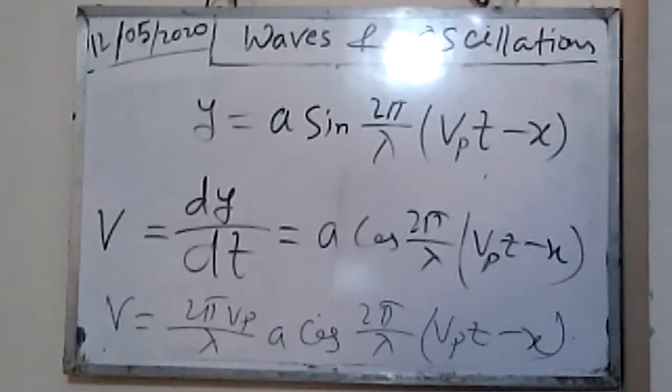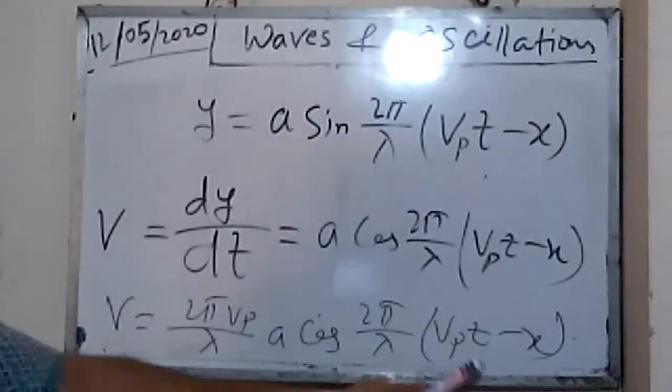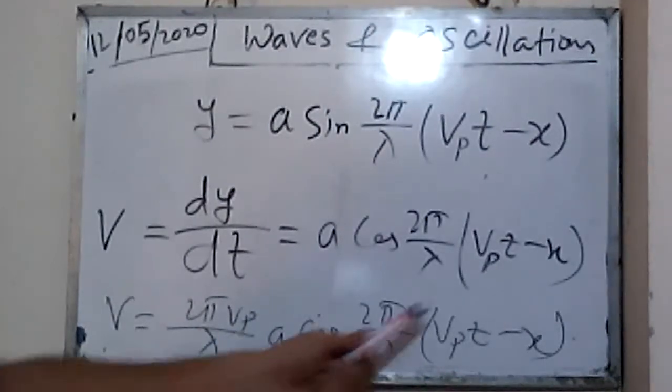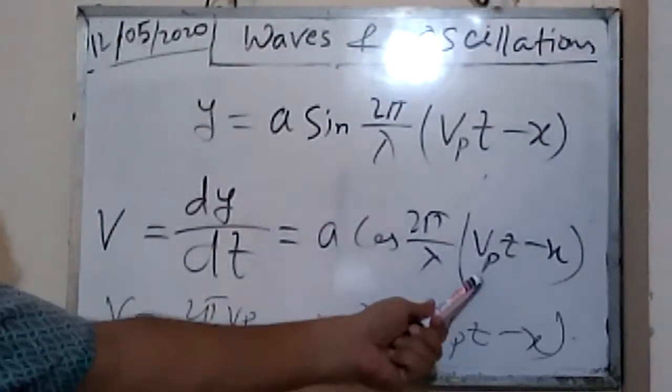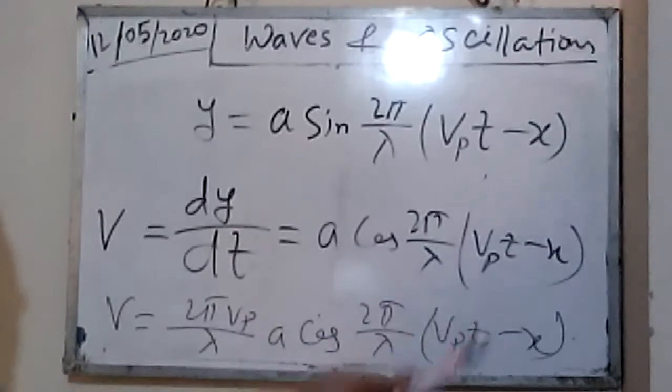This is the required equation for the particle velocity. Here vp means phase velocity, which we can also call wave velocity.